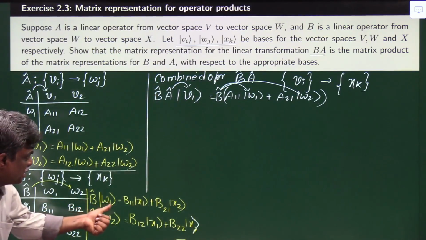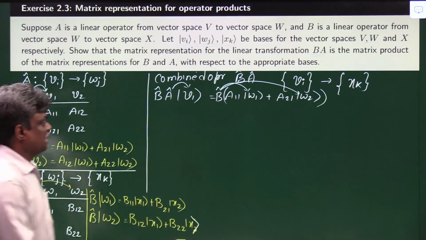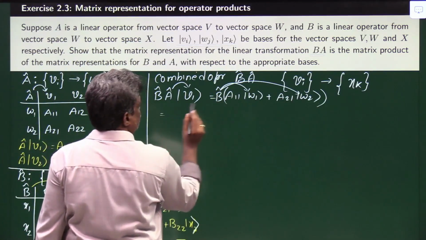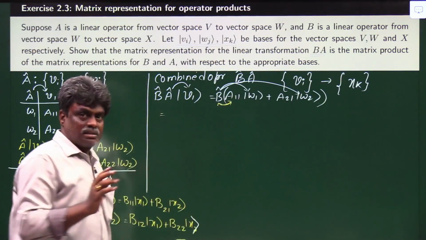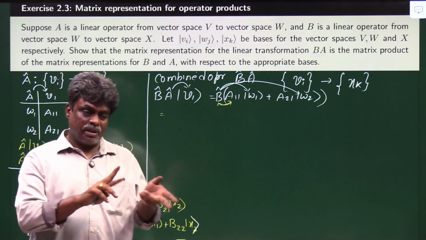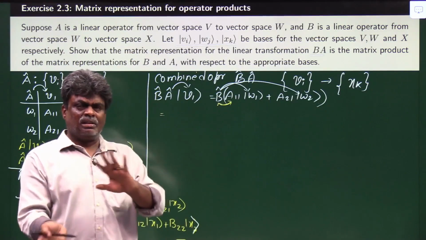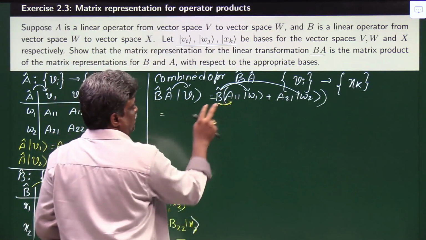Now B operates on W1, we are getting B11, a linear combination of X1, X2. But remember, we can't interchange these two. The reason is we don't know whether these two operators A and B are commuting or not. If they commute with each other, we can write AB equal to BA. So that's why we don't know here whether they commute or not.